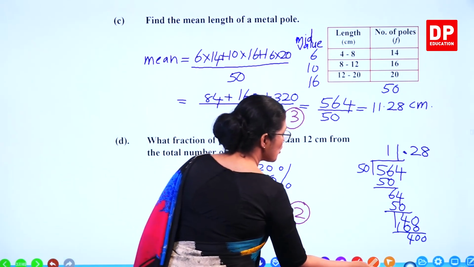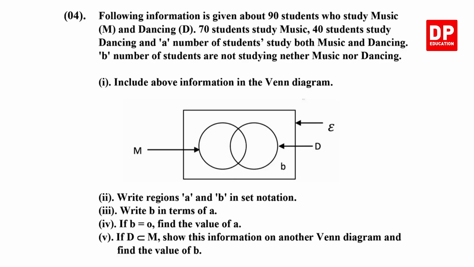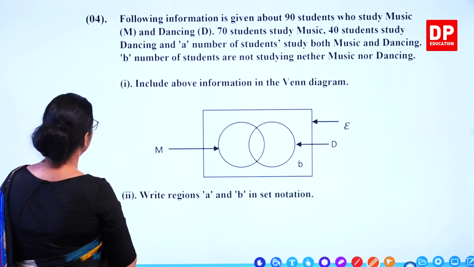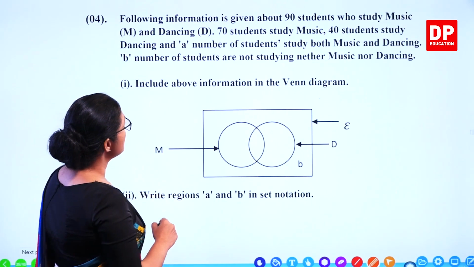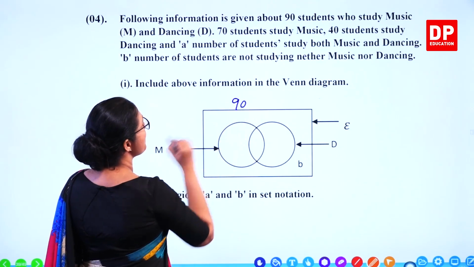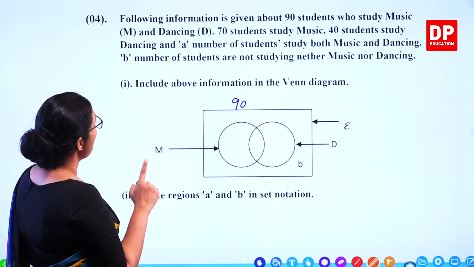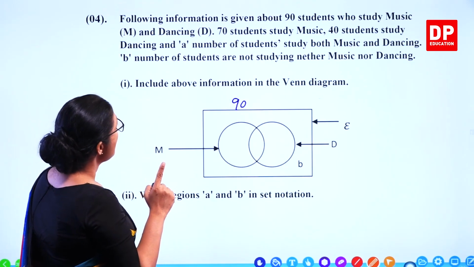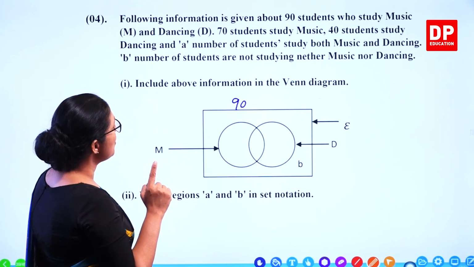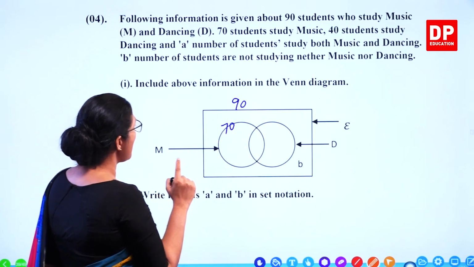So let's do question number 4. It's about Venn diagrams. The following information is given about 90 students. I can write 90 here. Who study music, M, dancing, D. 70 students study music. 40 students study dancing.